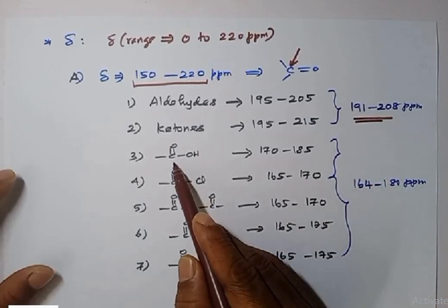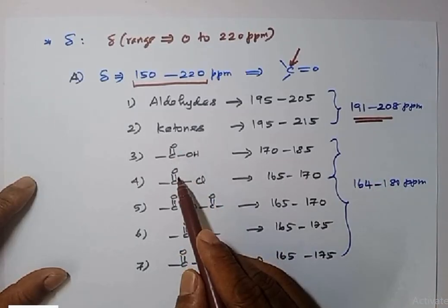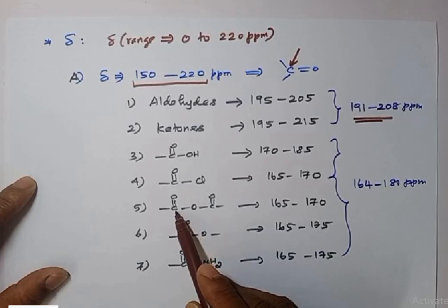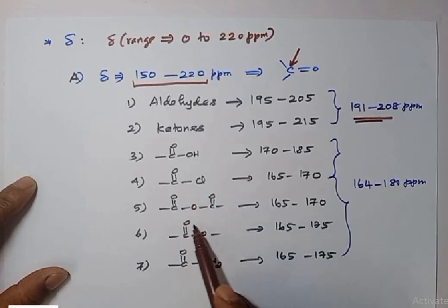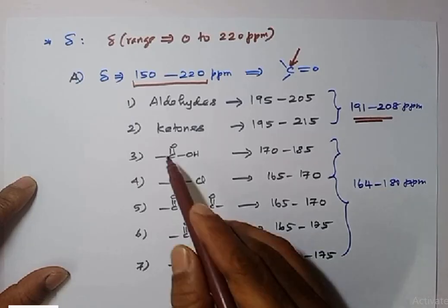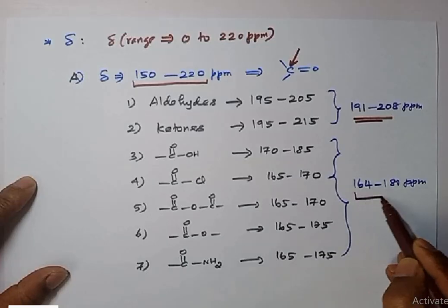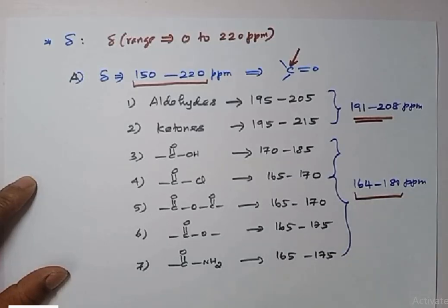Then the carbon atom of the carboxylic acid, acid chloride, acid anhydride, esters, and amides will appear in the range of 164 to 180 ppm.